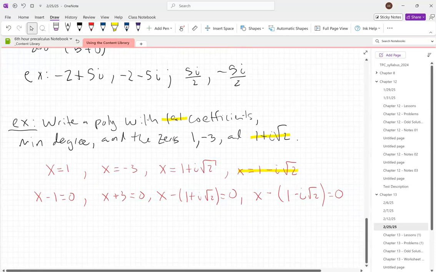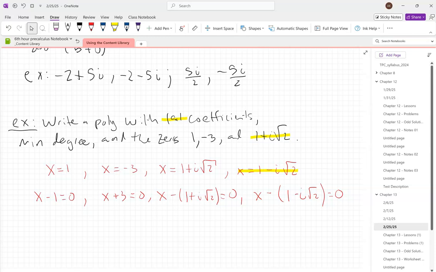I'll show you later the advantage we get by thinking about it that way, but I'm going to think about it as just one number rather than thinking subtract 1 and then subtract i root 2 separately. I'm just going to subtract the whole thing with a parenthesis around it.